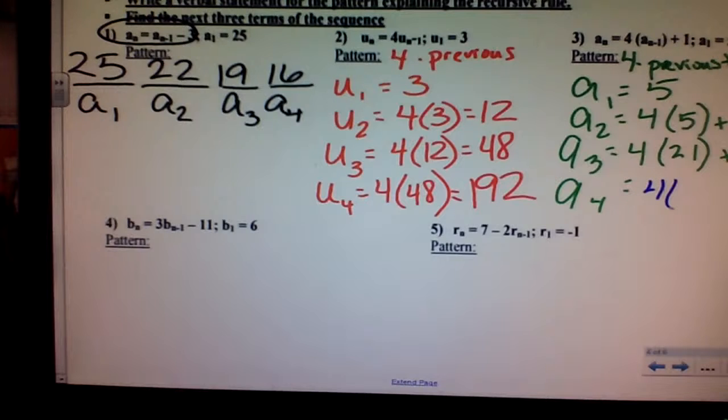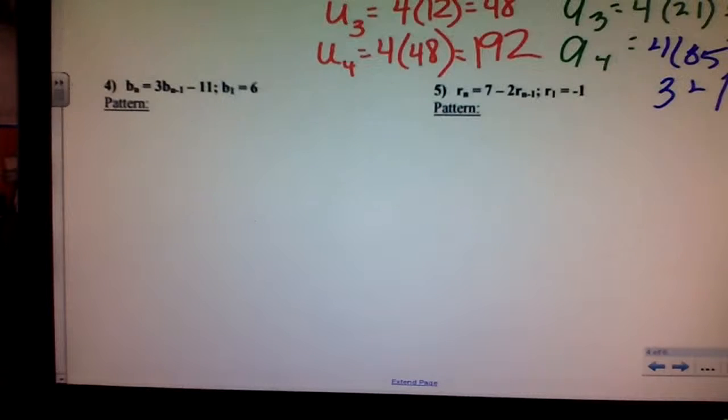And then a sub 4 is 4 times 85 plus 1, which is 341.